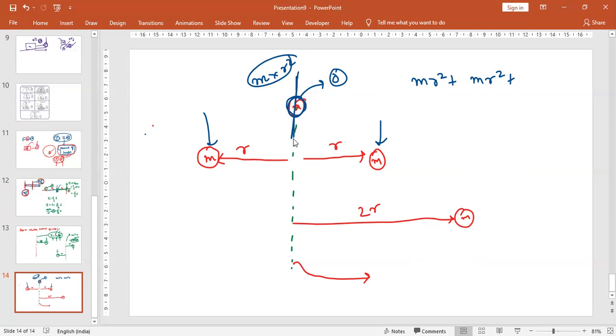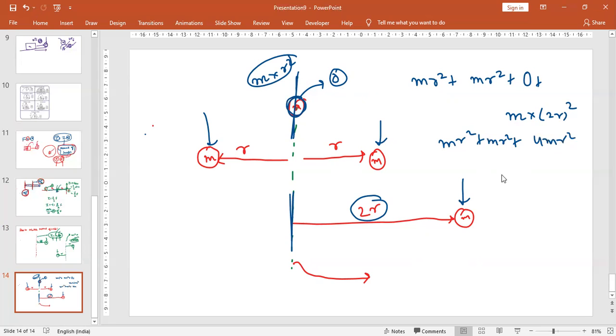This mass is placed on the axis only, so its inertia will be 0, and this mass is placed at distance 2r from the axis. So its moment of inertia will be m into 2r square. So this will be mr square plus mr square plus 4mr square, so it will be 6mr square. Okay, this is how you have to calculate moment of inertia.